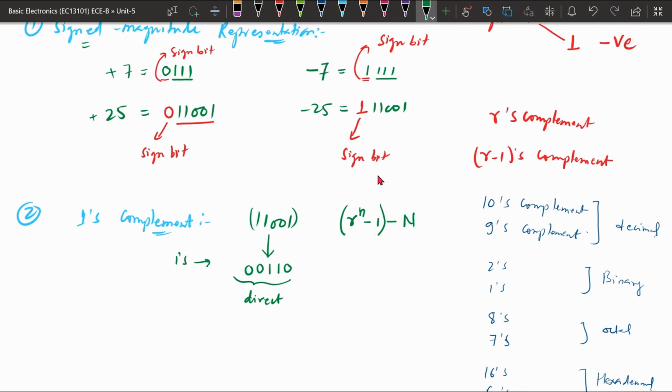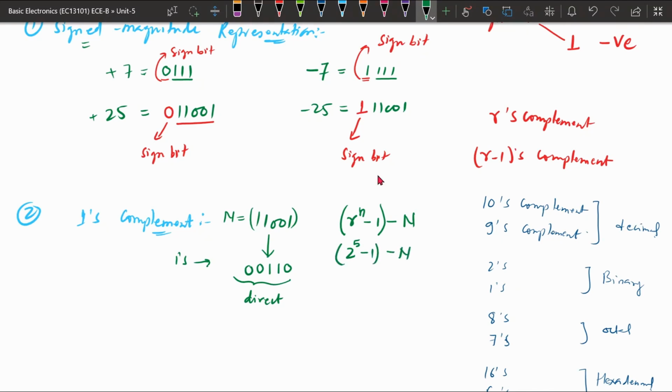Here r is the radix of the number system. It is binary, so the radix is 2, so it is 2 to the power n. n is the number of digits. So 1, 2, 3, 4, 5 digits are there in the number, so it will be 2 to the power 5 minus 1.